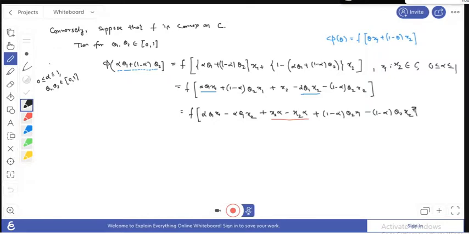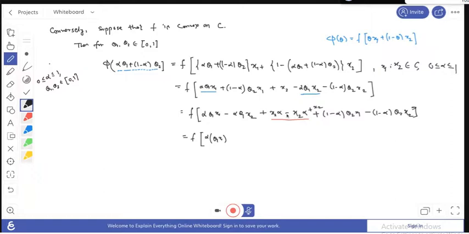So now this equals f, and here we take alpha theta 1 x1, and if we take the x2 term, there is plus x2, the term we wrote in the same line. The x2 term is missing here, so we can write plus x2 and so on. Now, is it correct?